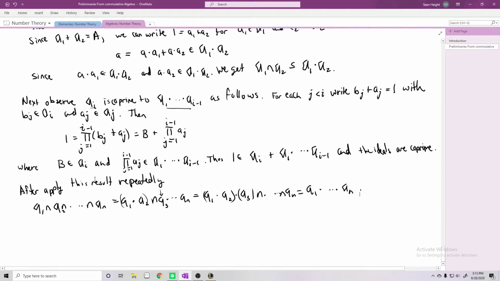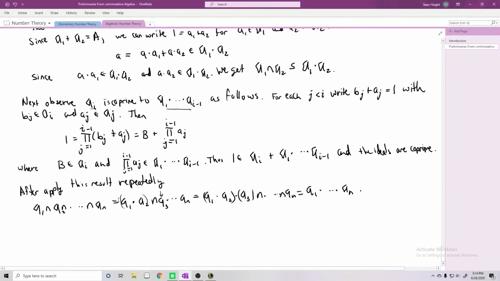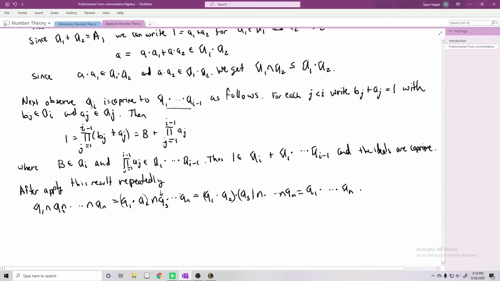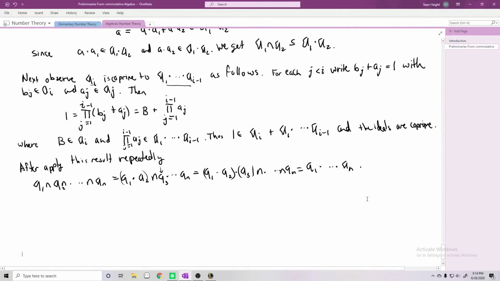Applying this result step by step repeatedly, you could also go through and rewrite this as an induction. Somehow this made more sense to me. But it gives you the first claim that the intersection of these coprime ideals is actually equal to the product of them.